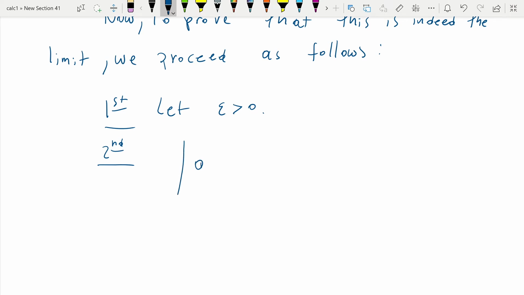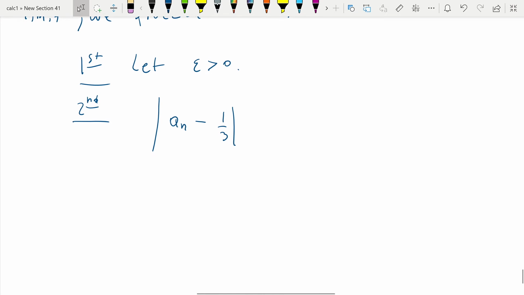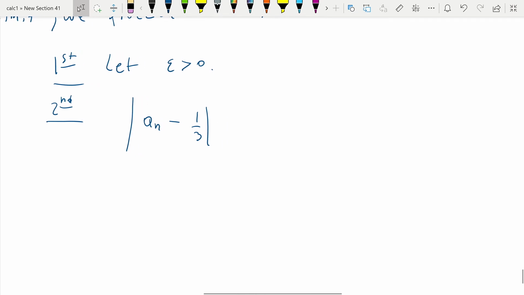And so what you want to do is to make sure that, so what is the limit here? 1/3. You want to make this smaller than epsilon for values of n greater than a capital N. So you write down what this is.